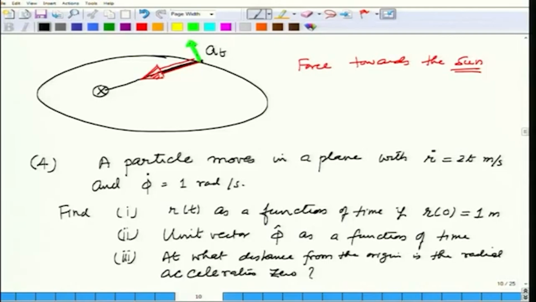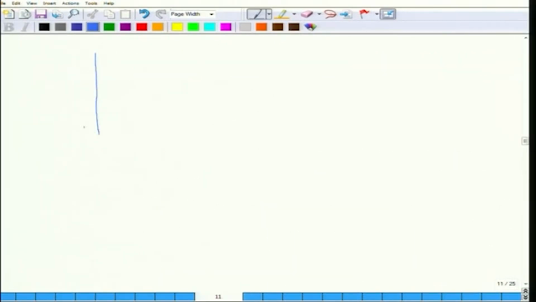We've been given, so let me just first make this picture which always tells you a lot of things. A particle is moving out, it started at t equal to 0 at some distance, r(0) equals 1 meter. It is not given what the phi position was, so we will take some arbitrary phi position, let's say phi 0, and it moves out. Let me make it in red.